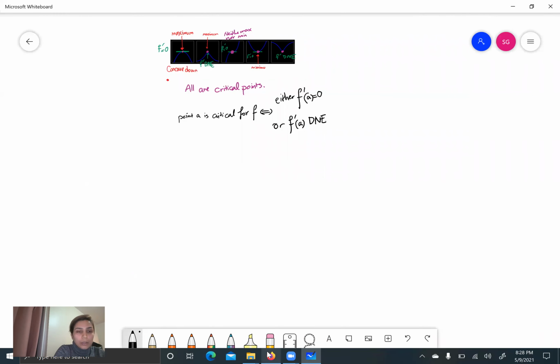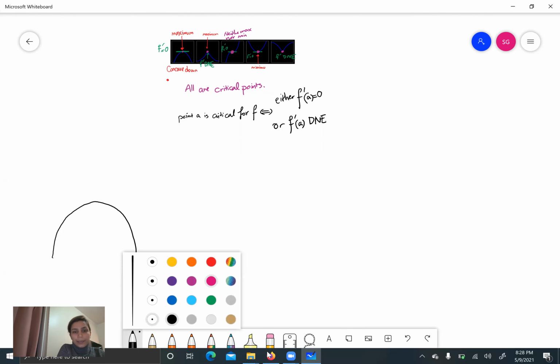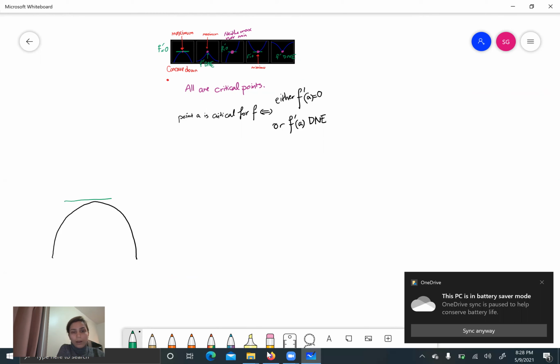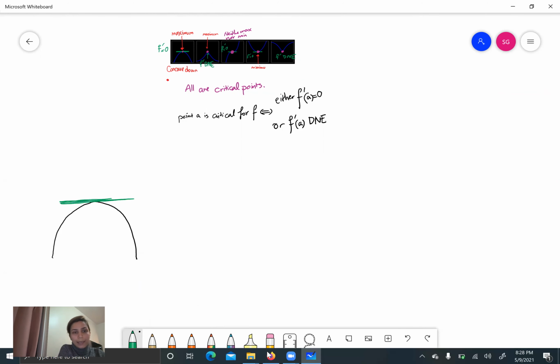Why? Because if the derivative changes sign from positive to negative, that means the function is increasing and then changes to decreasing. You see that? Then it gives us the local maximum. So this is the case where you have a critical point, right?